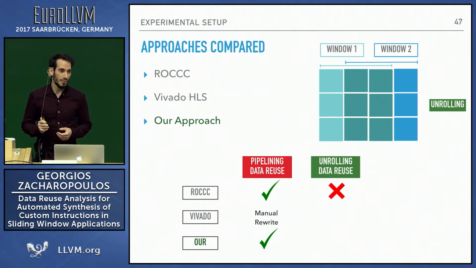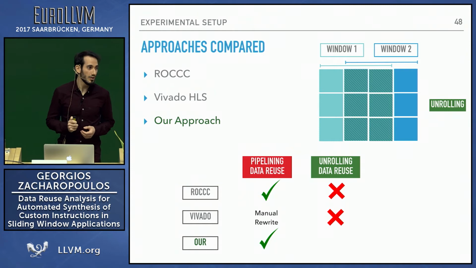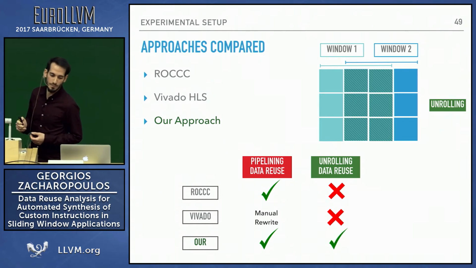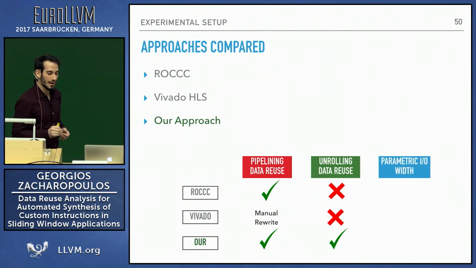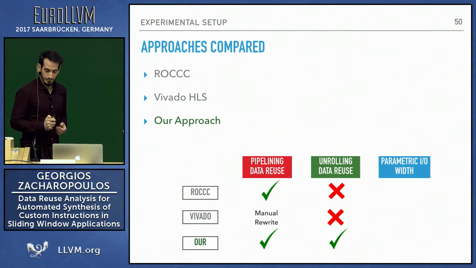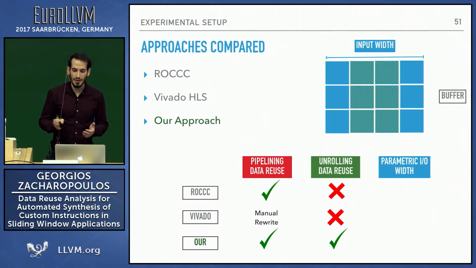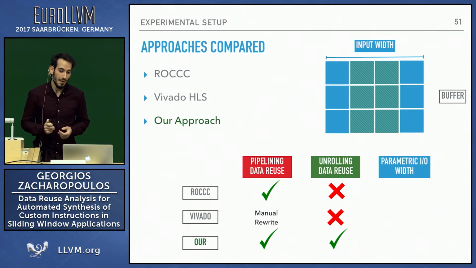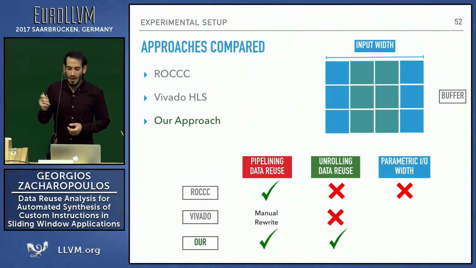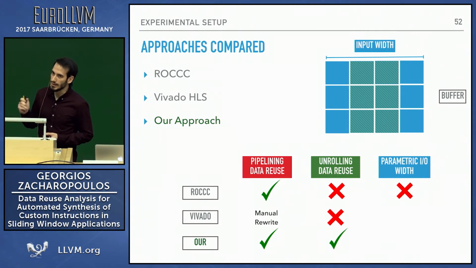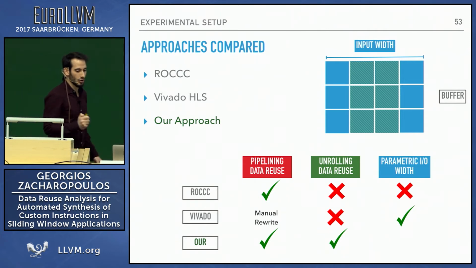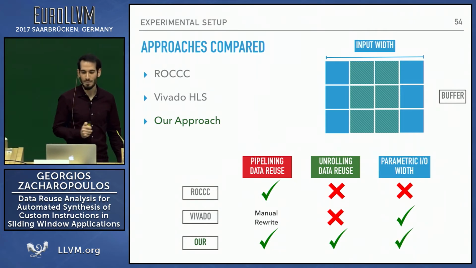This is not supported by Rocc, not supported by Vivado, and supported by our approach. Third, having the ability of parameterizing the input-output width. So practically being able to design a buffer that can cater for the architectural constraint needs, and the bigger, the better normally, but of course more expensive area-wise. This is not supported by Rocc, it is supported by Vivado HLS, and it is also supported by our approach.